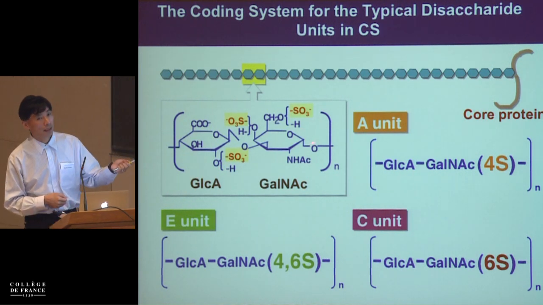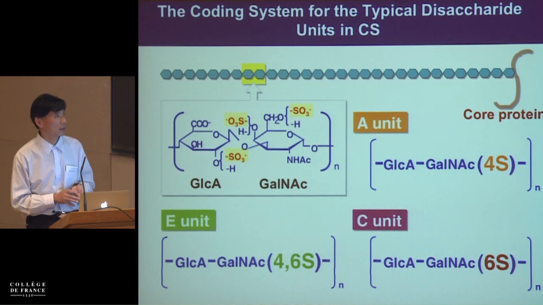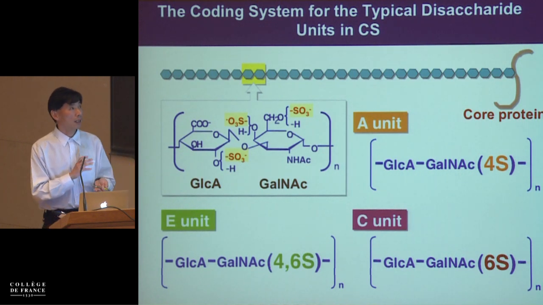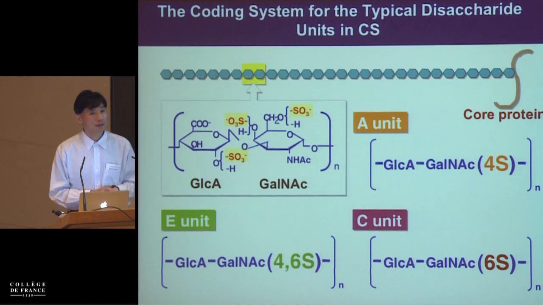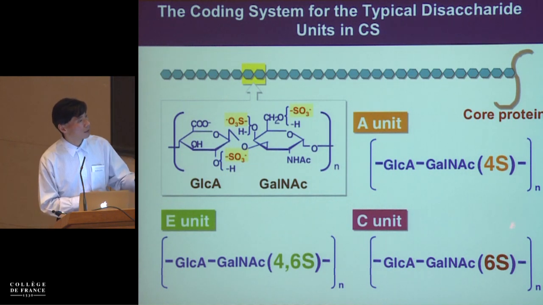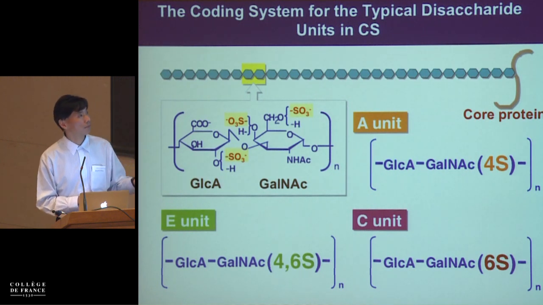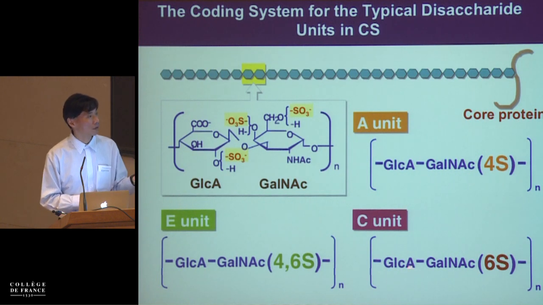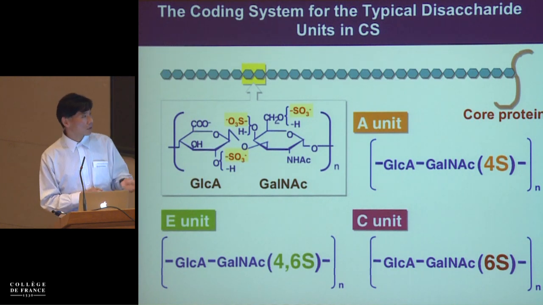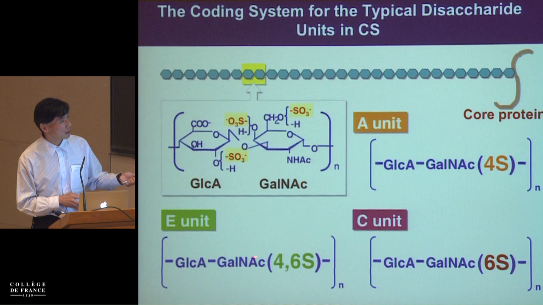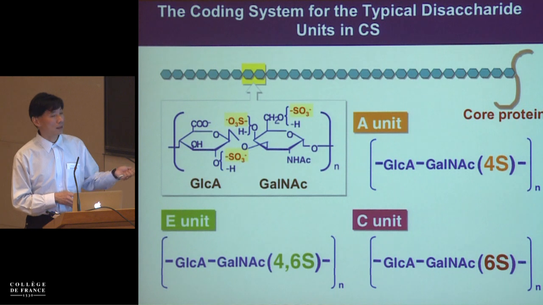The building blocks can be substituted with sulfate groups at various positions, thereby producing a characteristic sulfation code. Major chondroitin sulfate contains a monosulfated disaccharide unit, the 4-sulfation and the 6-sulfation, the so-called A unit and C unit, respectively. And some chondroitin sulfate also contains a disulfated disaccharide unit, for example, the 4 and 6 disulfated, so-called E unit.